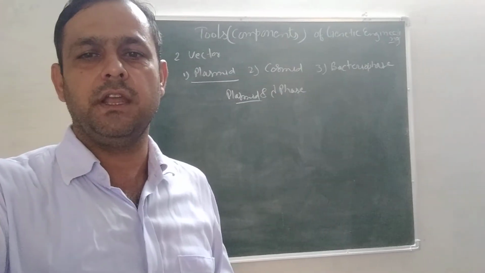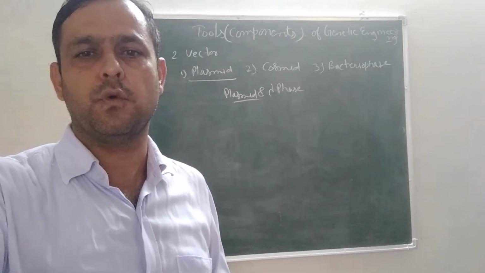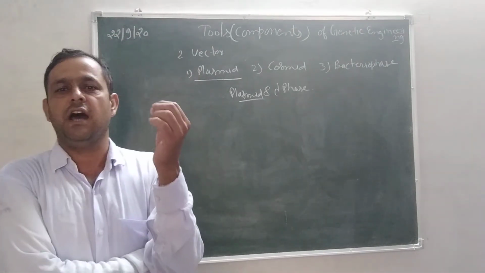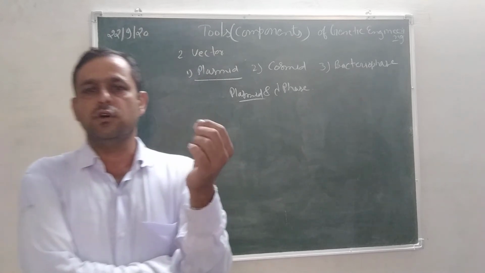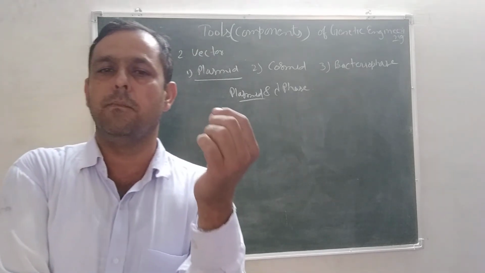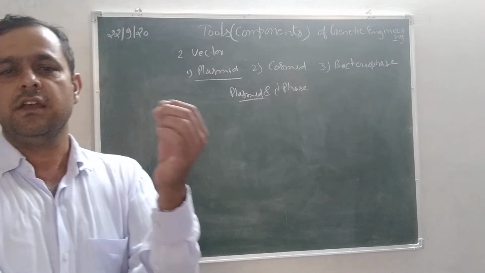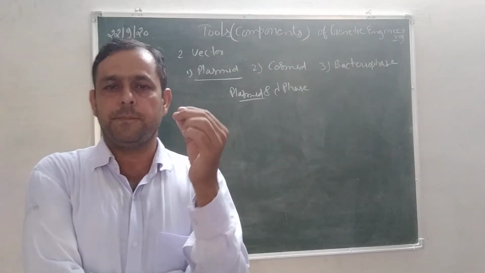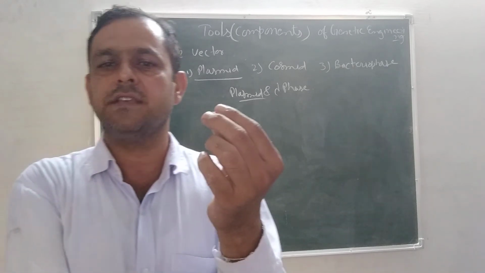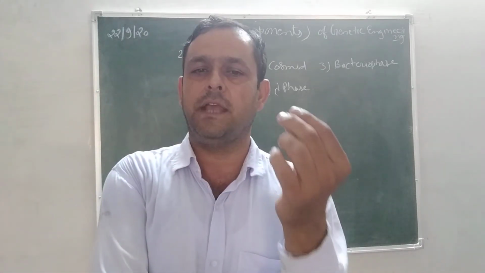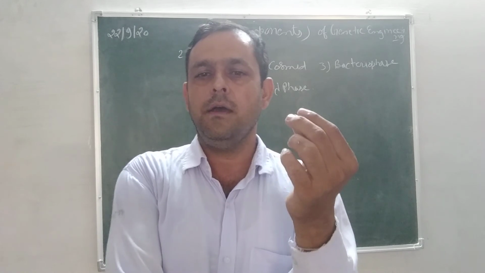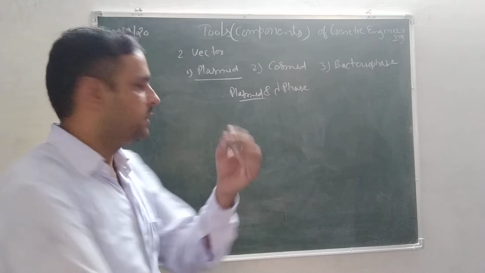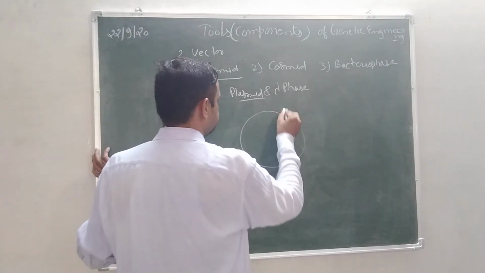Such plasmids in which the DNA sequence of the cos site of lambda bacteriophage is inserted are called cosmids. So cosmids have properties of both plasmid as well as lambda bacteriophage. Cosmids replicate in the bacterial cell like plasmids and their packing is like lambda particles due to the presence of the cos site. This is cosmid.